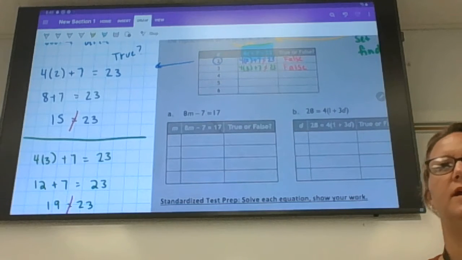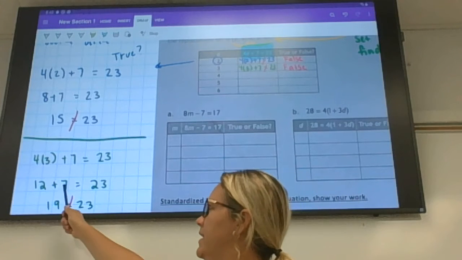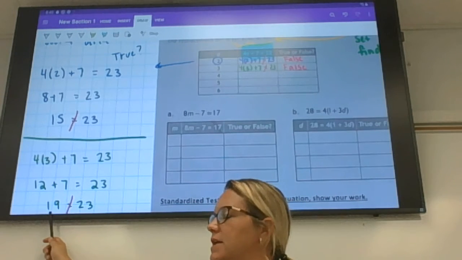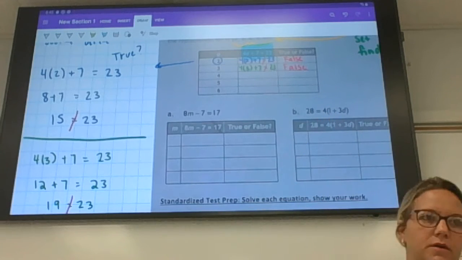We got false again. I plugged it in. I ended up with 12 plus 7. I added 12 and 7 to get 19. Does 19 equal 23? False. Put a line through it.